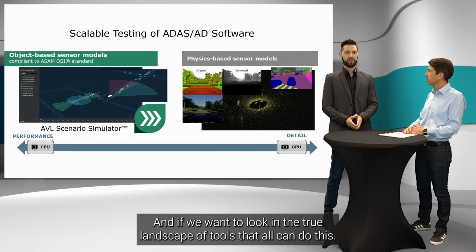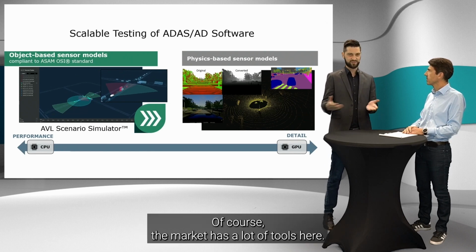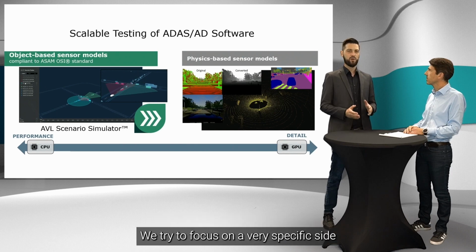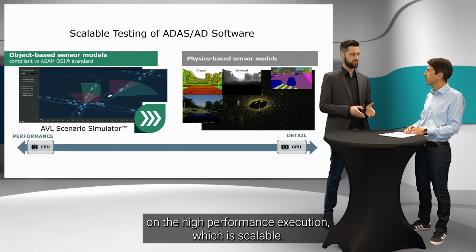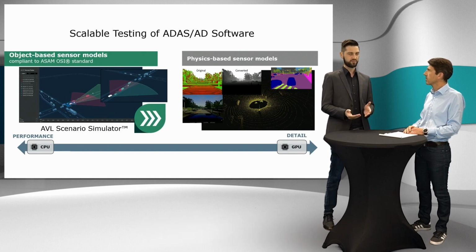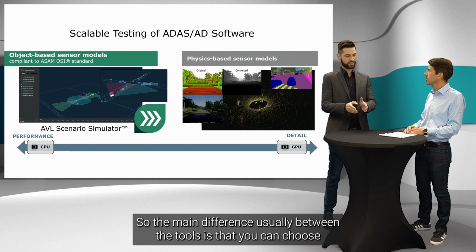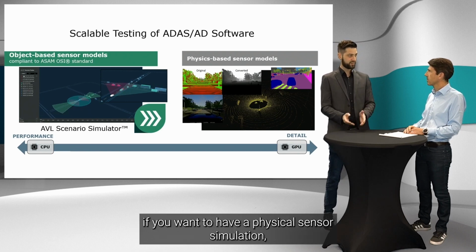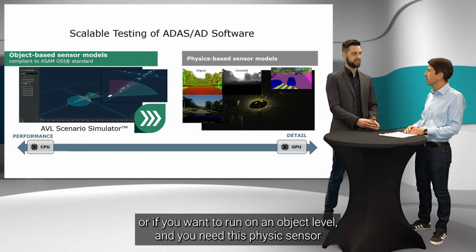If we look at the landscape of tools that can all do this, of course, the market has a lot of tools here. We try to focus on a very specific side, on the high performance execution, which is scalable. The main difference between the tools is that you can choose if you want a physical sensor simulation or if you want to run on an object level.